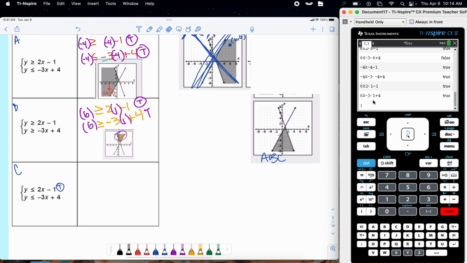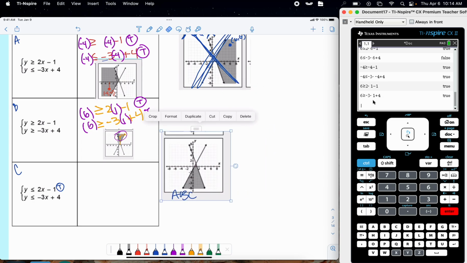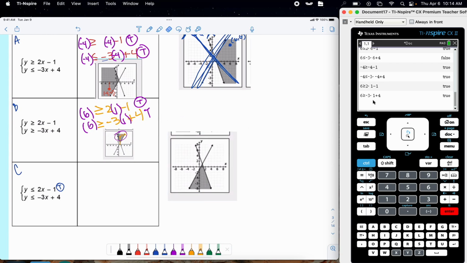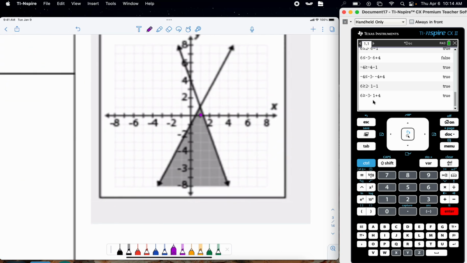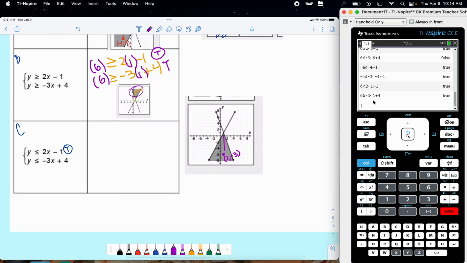Now let's assume that this one may not be right, and check it real quick. A good point to check is 1, -3. We have y less than or equal to 2x minus 1, and y less than or equal to -3x plus 4. We replace all our y's with -3 and all our x's with 1.